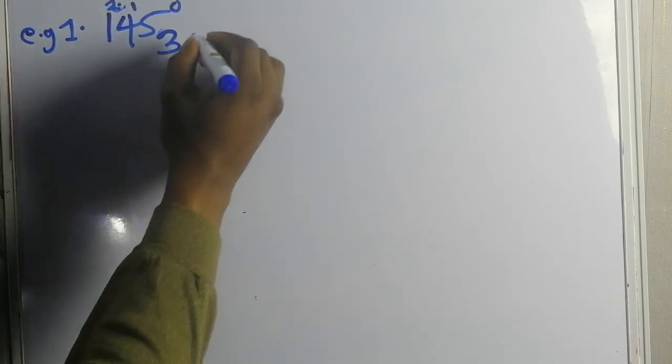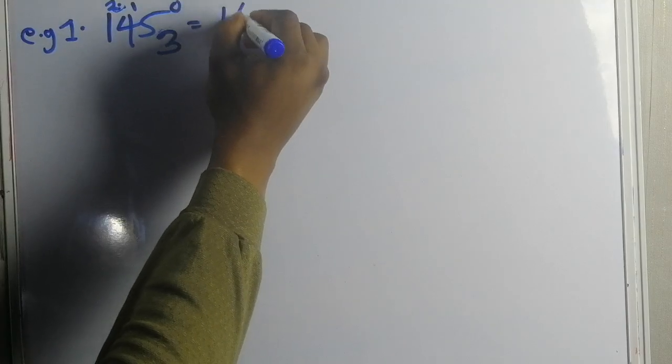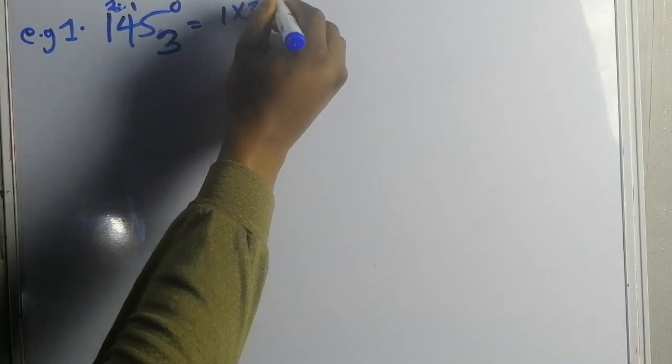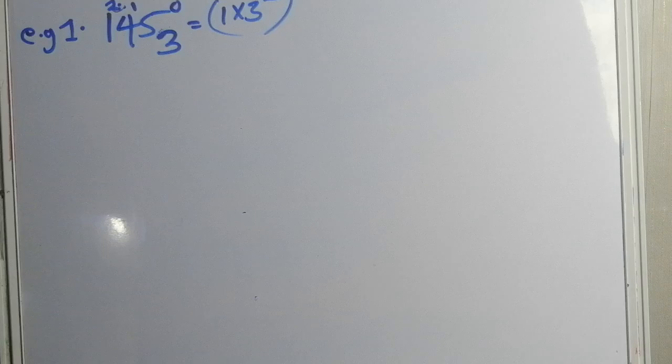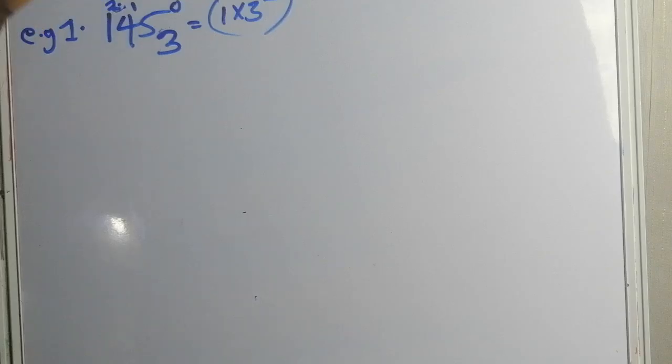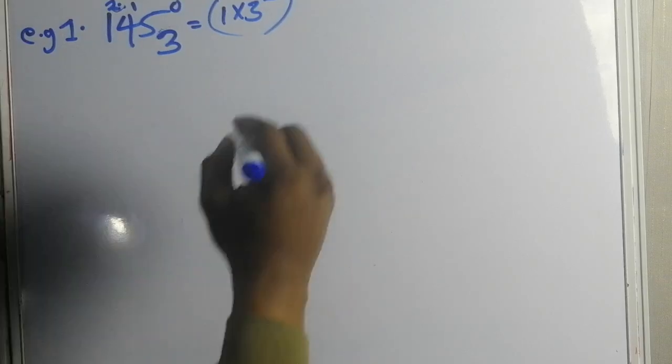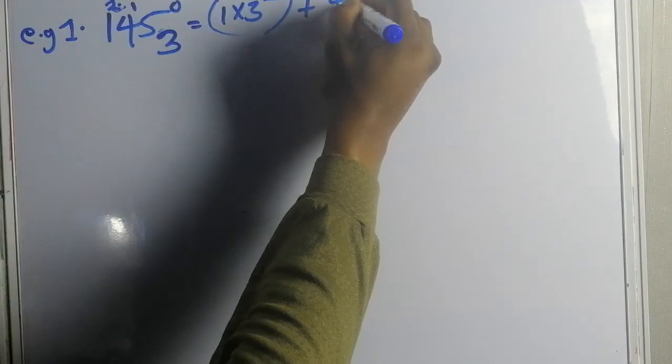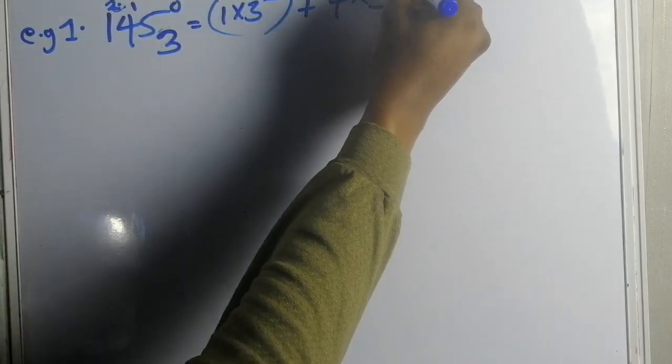Now this means you should convert to base 10. It is the same thing as saying 1 times 3 raised to power 2. That is 1 times this base raised to power 2. That's how we do it. 1 times 3 raised to power 2. Then the next one will be 4 times 3 raised to power 1.